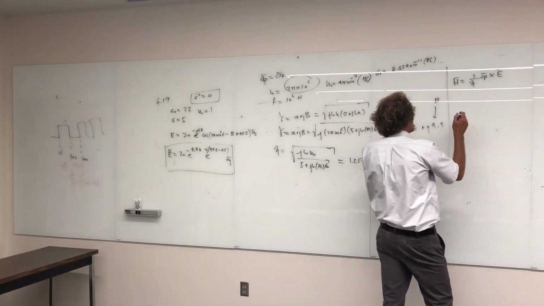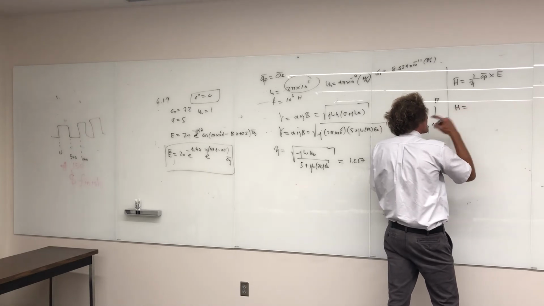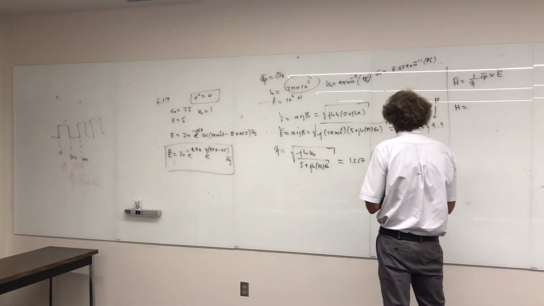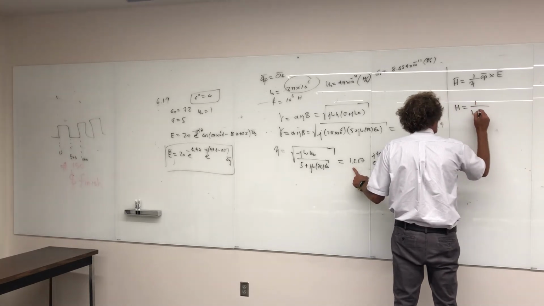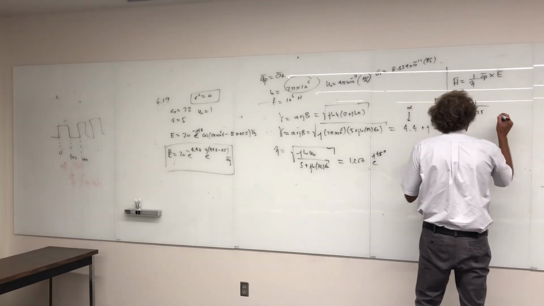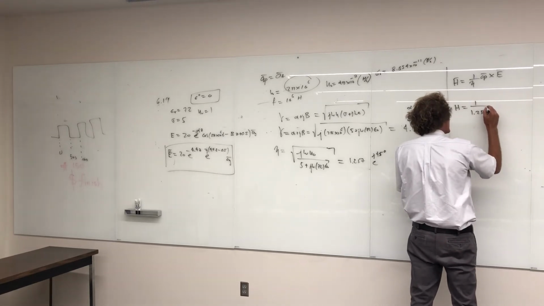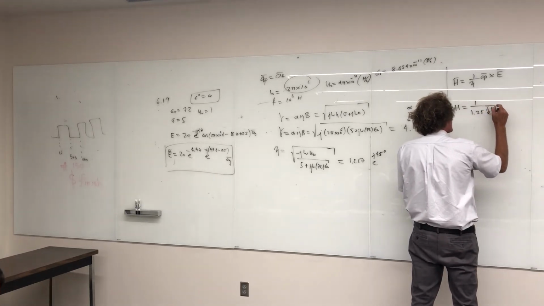Here, H becomes 1 over magnitude of eta, which is 1 over 1.25, and it would be e to the j 45 degrees here.